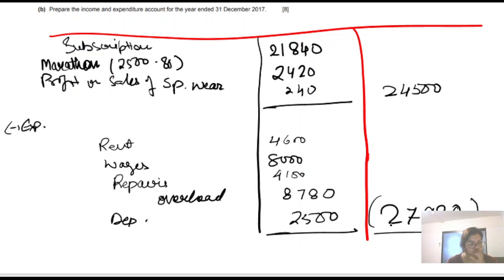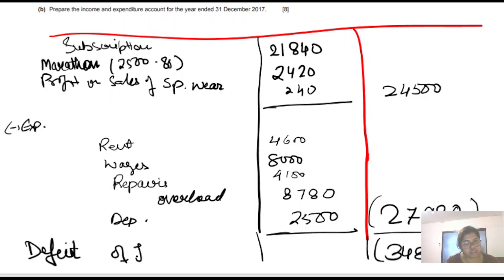If we get a positive value, it means we are in a surplus position. If the value is negative, because here it is clearly stated like this is our negative value, so 3480 is our negative value, we can write it as deficit of income over expenditure.